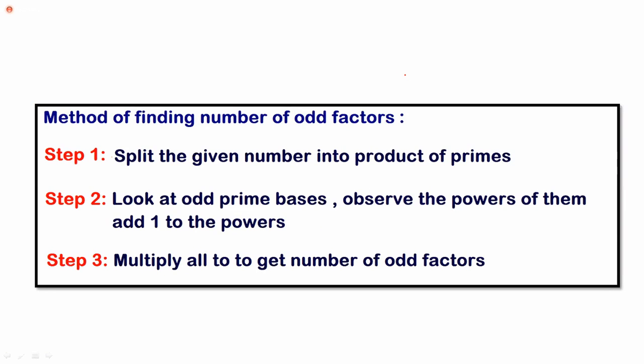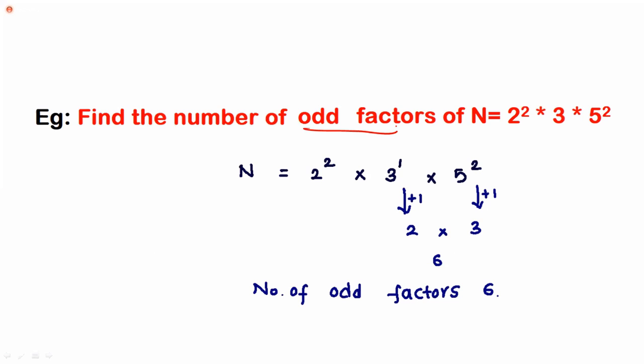Similarly, we will have a question where we need to find the number of odd factors. That is also very simple. What we need to do is look at only the odd prime bases, not all. For example, the same number is given. What is the number of odd factors? Total factors are either even numbers or odd numbers. When I ask for the total number of factors, I already told you the method. If they are asking for the number of odd factors, look at your number and only the odd prime bases. The given number is 2 square into 3 power 1 into 5 power 2.